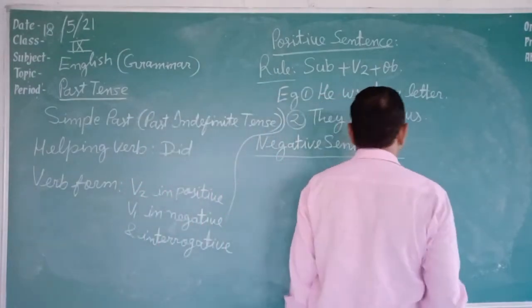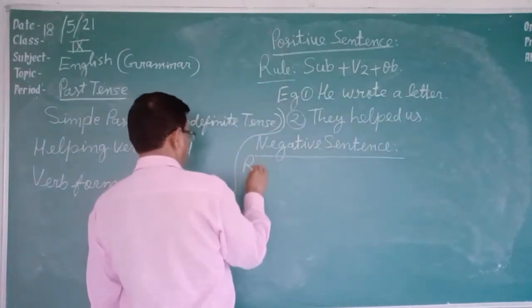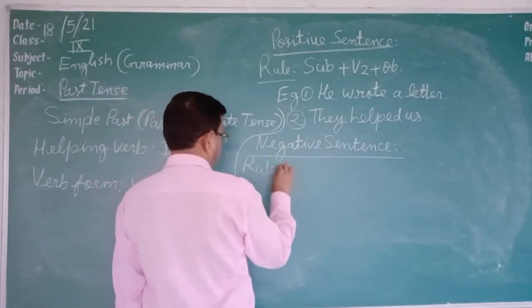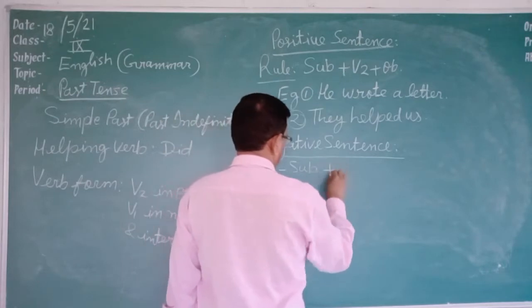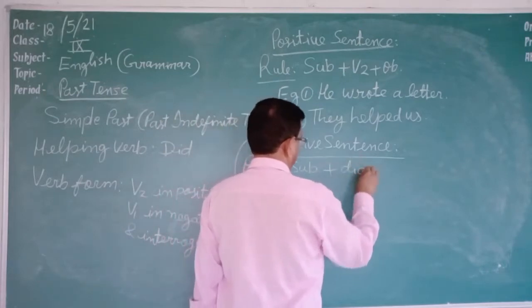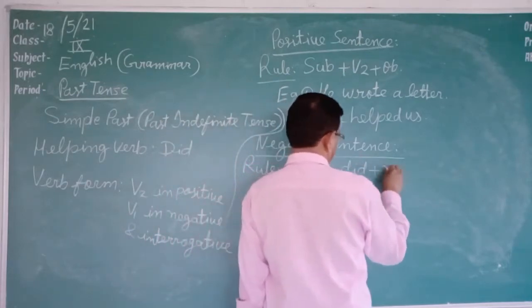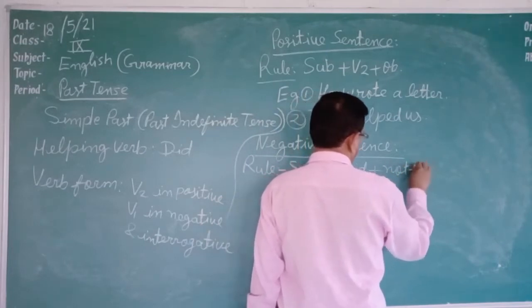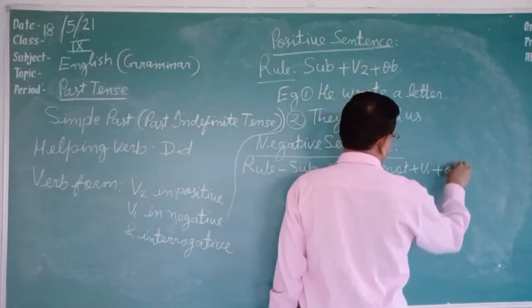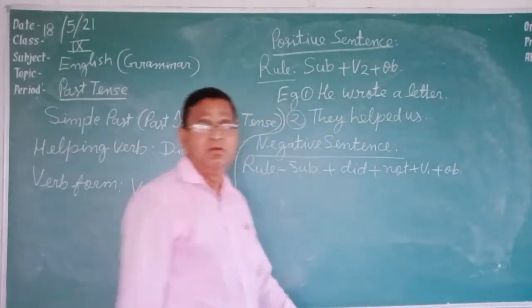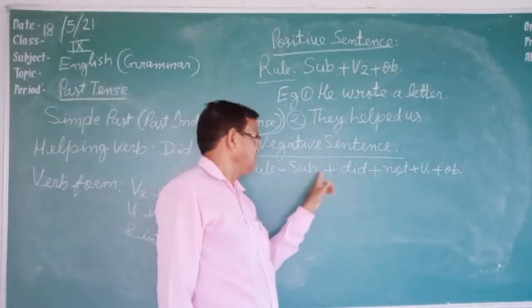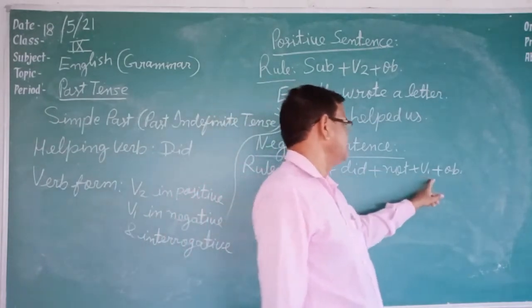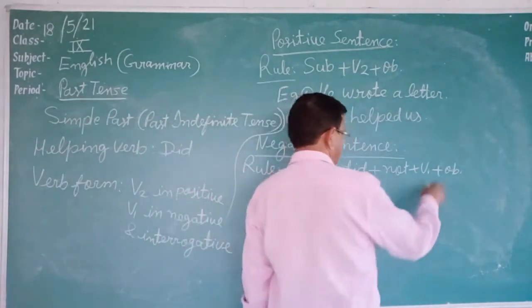The rule of the negative sentence is, first of all, the subject is written, then did not is written, did is written, then not, then verb first form, then object. This is the rule. First of all, subject, then did, then not, then verb first form, then object. You can take an example.